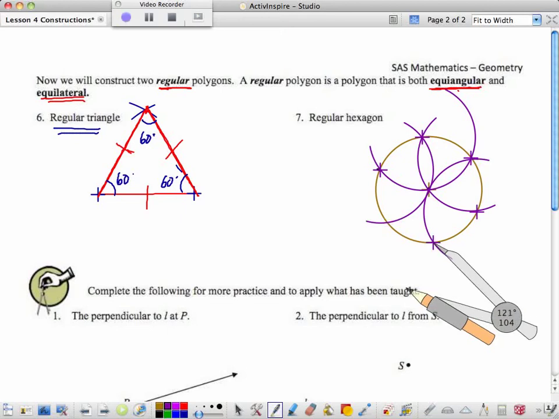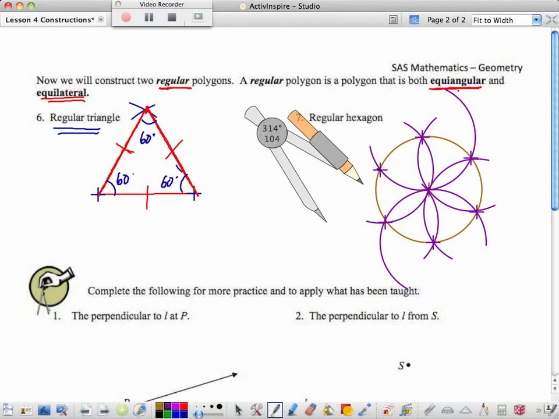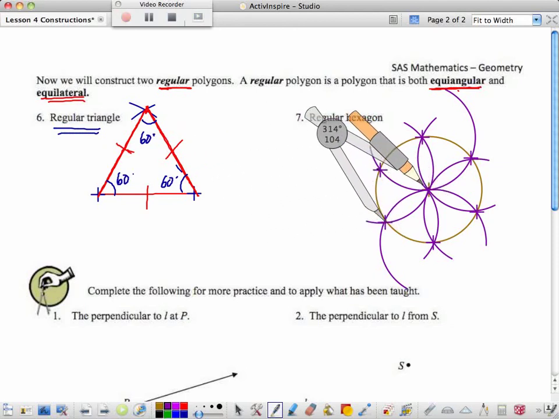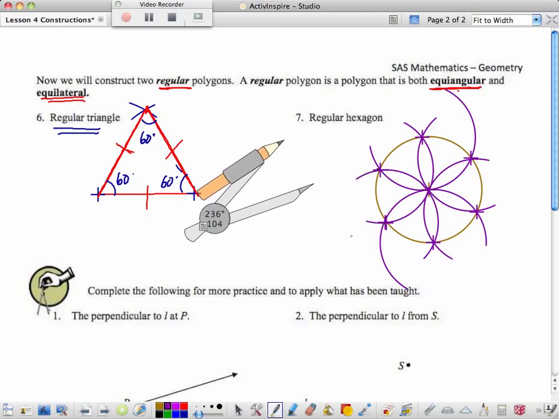We make the flower, right? If we continue on, we make the flower, we go to this last one, and there we have it. Oops, I forgot to continue, silly me. So now what does that mean?